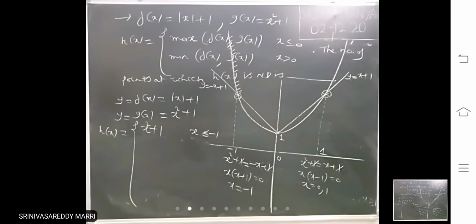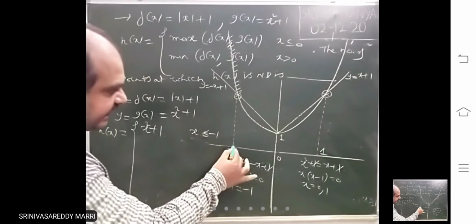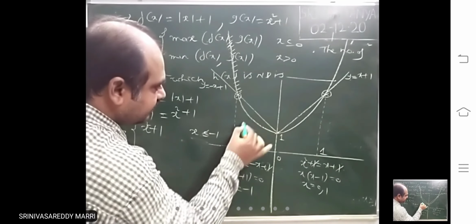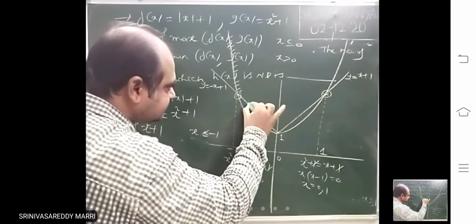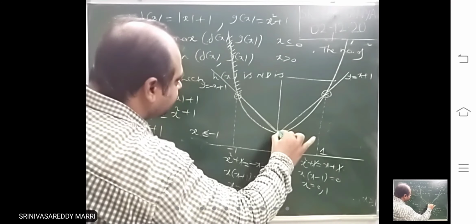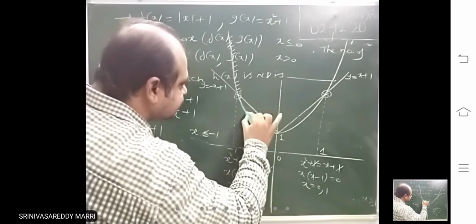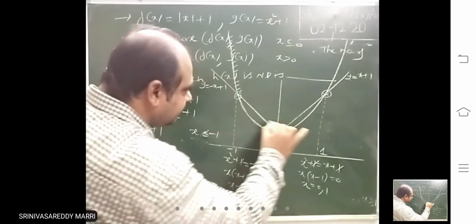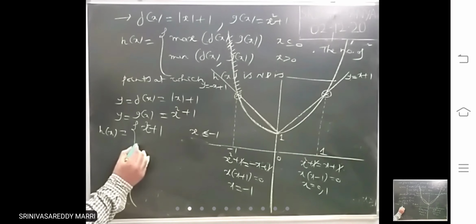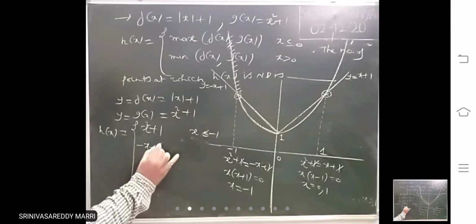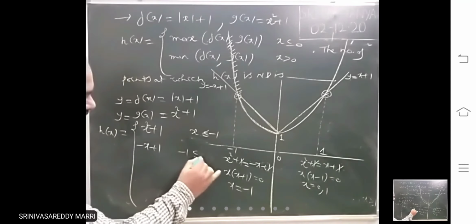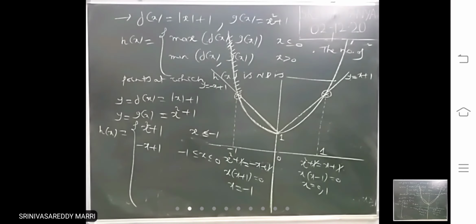x square plus 1. Then from minus 1 to 0, this is minus x plus 1 and this is x square plus 1, which is maximum. This is maximum, that means minus x plus 1 from minus 1 to 0.